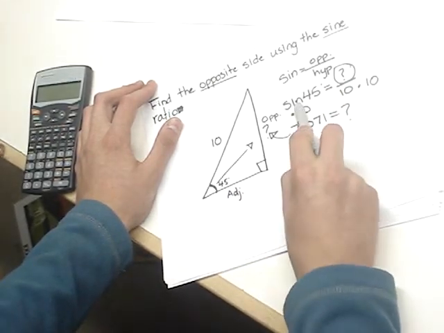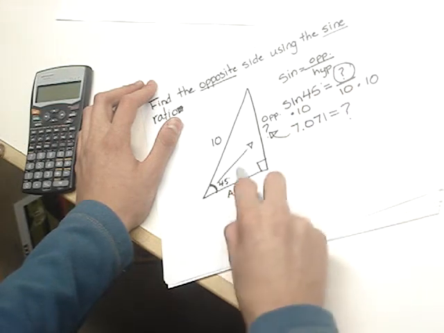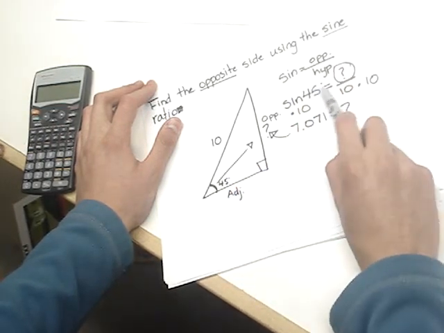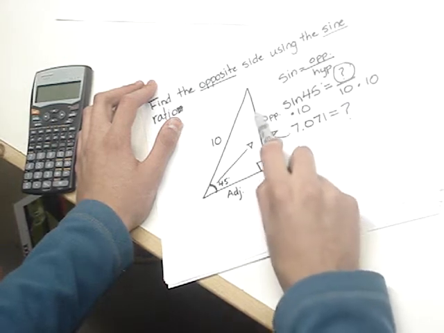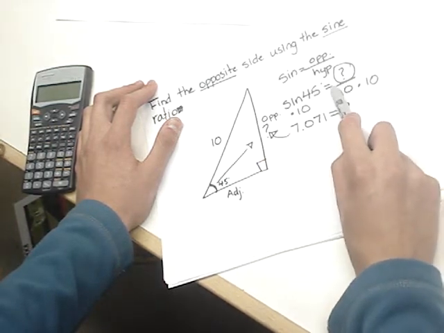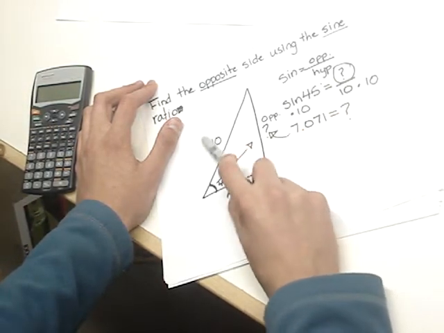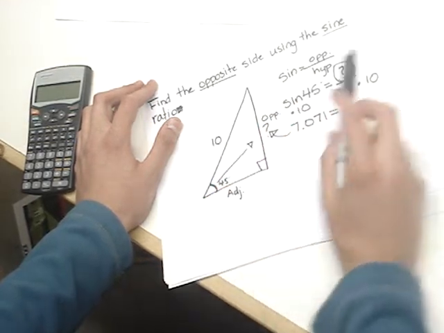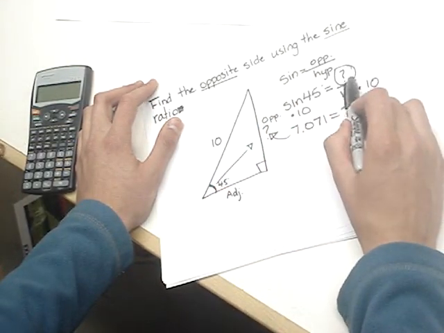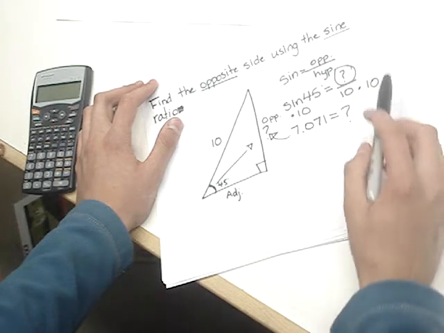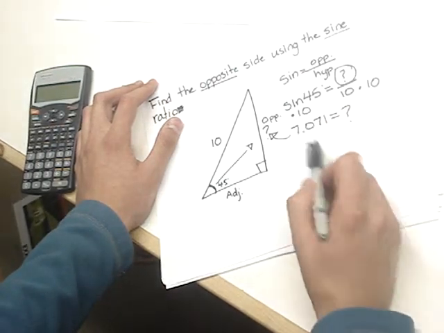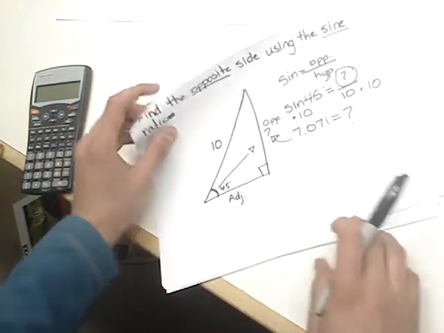So we do sine of 45 degrees equals our opposite side, which we don't know, over 10, which is our hypotenuse length, and then to isolate this variable we multiply by 10 on both sides, and it gives us our answer.